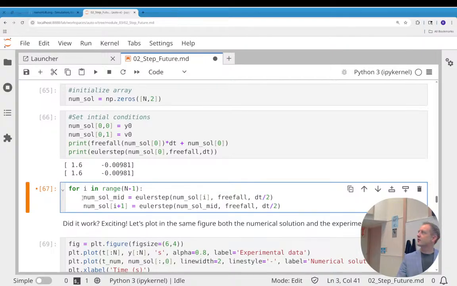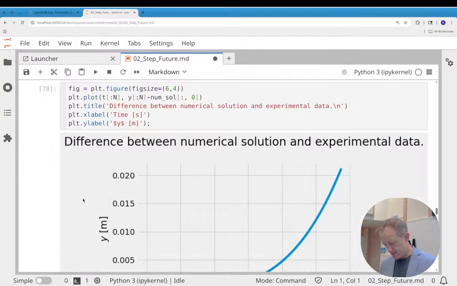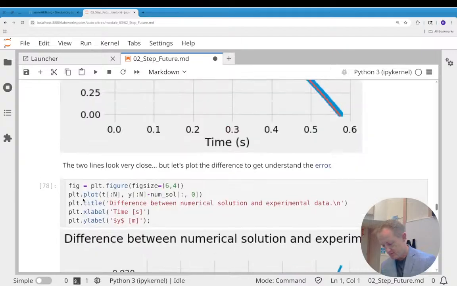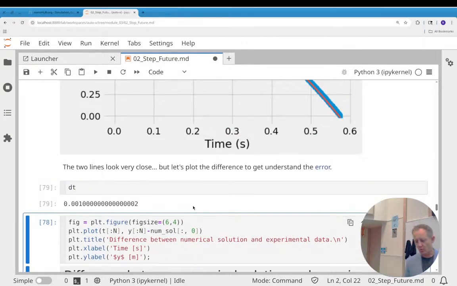So I'm just creating a midpoint solution and then another solution, just 2 half steps. And sure enough, it's basically 2 centimeters again. Even if I did it 4 times, it'll probably be about 2 centimeters because the time steps are already 1 millisecond, 1,000th of a second.